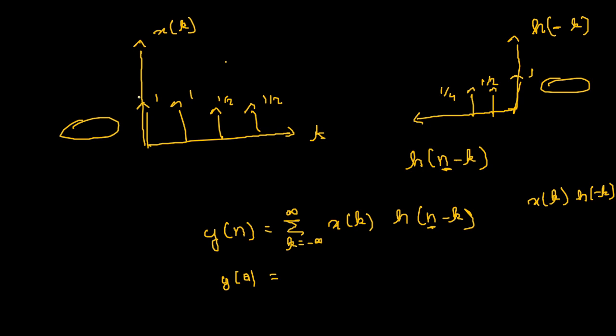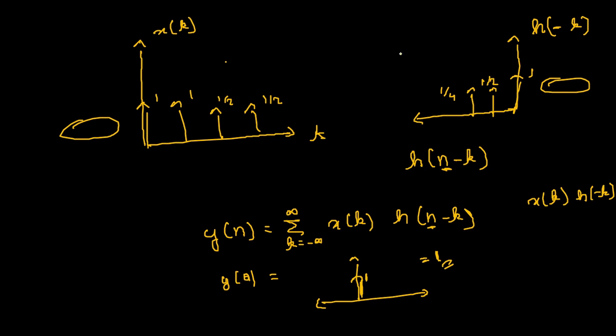So the only place where both of these functions actually exist is at 0, right? So we simply multiply the functions only at 0. And at 0, you have the value of the function to be 1, right? We plot the value of the signal at each integer and then sum all of them up. Since we have only one particular signal here, the sum comes out to be 1.